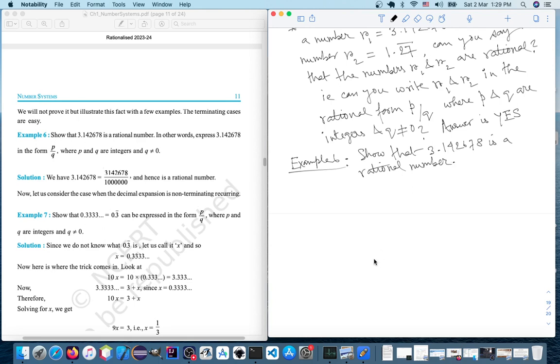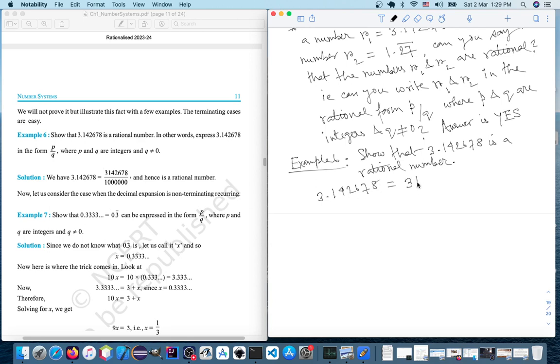In this number we have a fixed number of digits after the decimal point, which are 142678. How many digits are after the decimal point? 6 digits.